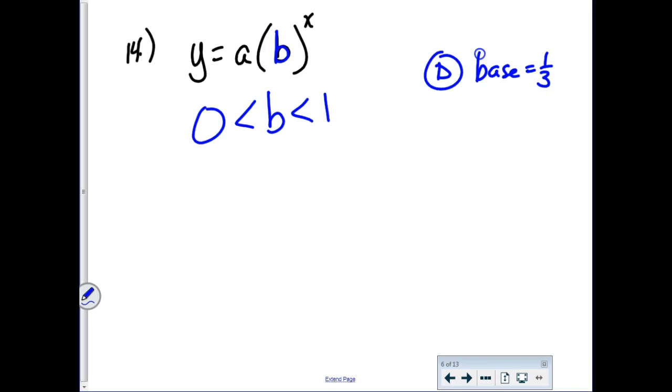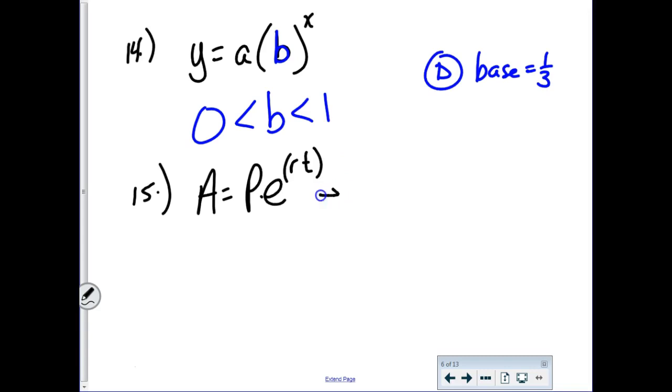All right, this next one, you're going to want to use your calculator, and I do provide you this formula. We have continual growth, which is the PERT formula. So remember, e is a number on your calculator, and then up in the exponent, you have r times t. In this question, you're going to invest $2,000, so that's the P. You're going to multiply it by the number e, but then up in the exponent, it's being raised to the r times t power.